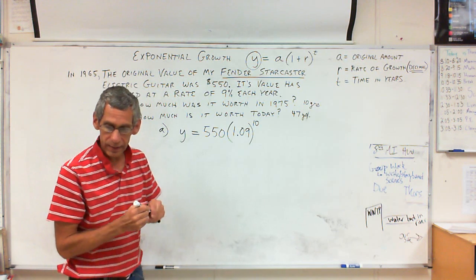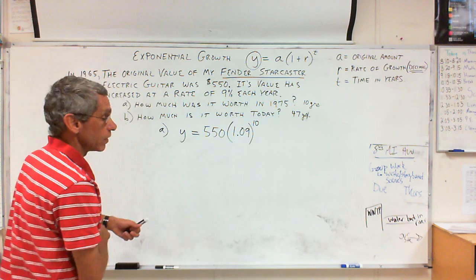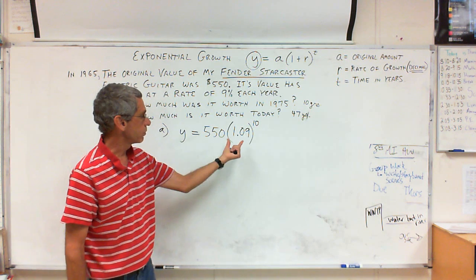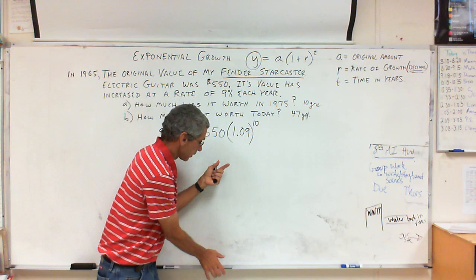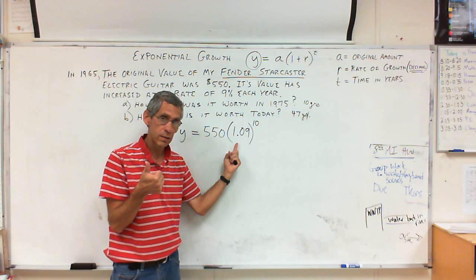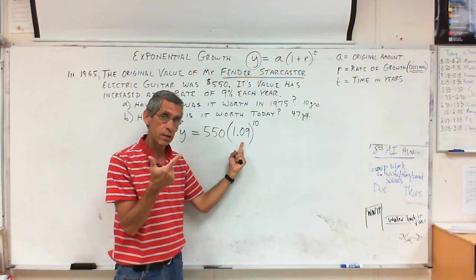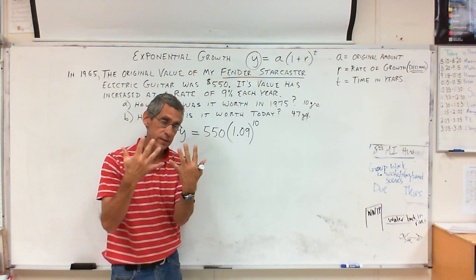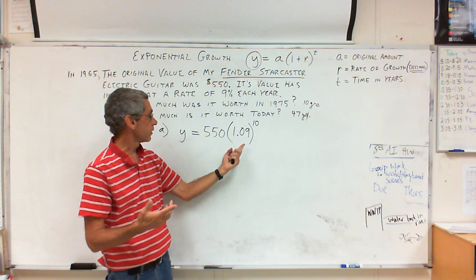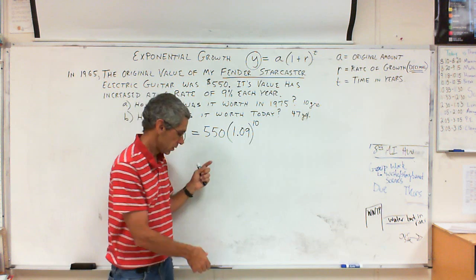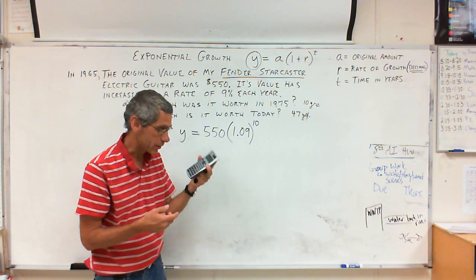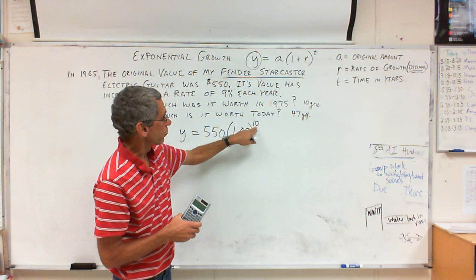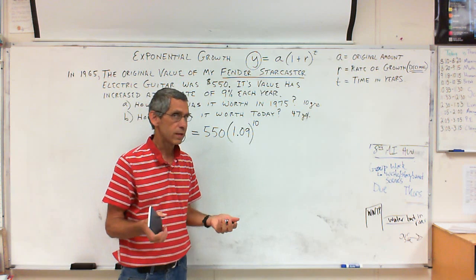So I get out my handy-dandy calculator. I could do this on a regular calculator, it just would take a while because I would do 1.09 times 1.09 times 1.09 times 1.09 till I did it 10 times, and then whatever I got there, I'd multiply times 550. But if you have these fancier calculators, you can just plug it in and raise it to the 10th power, and it tells you exactly what it is.